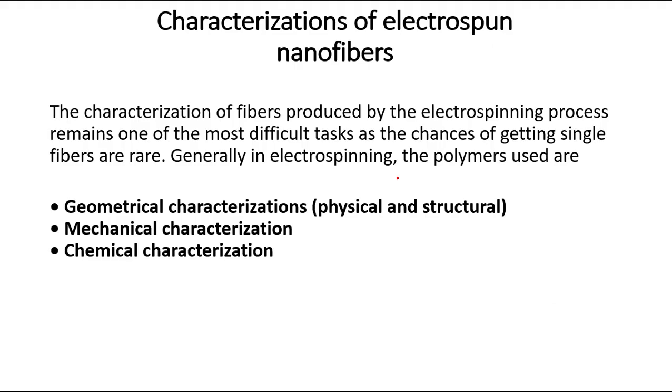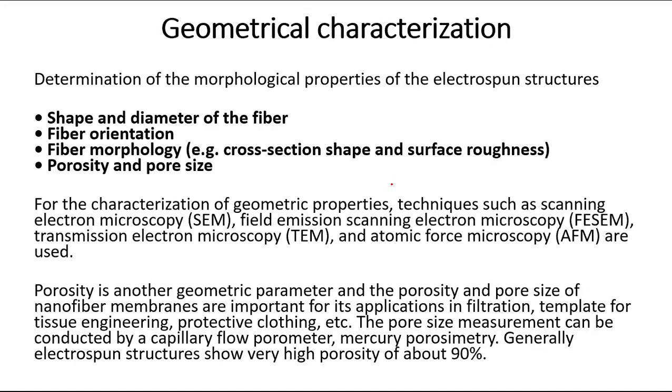So the characterization: how do you characterize the electrospun nanofibers? The physical and structural properties can be characterized, mechanical properties can be characterized, and chemical properties can be characterized. If you take the geometrical characterization, it is the shape and the diameter, the fiber orientation, the morphology; these can basically be characterized using microscopes.